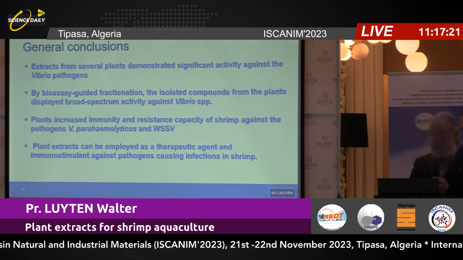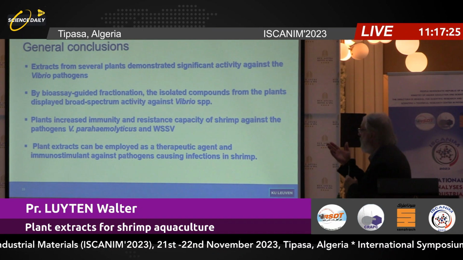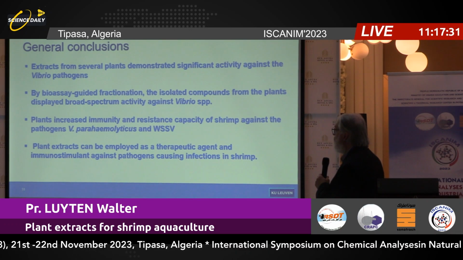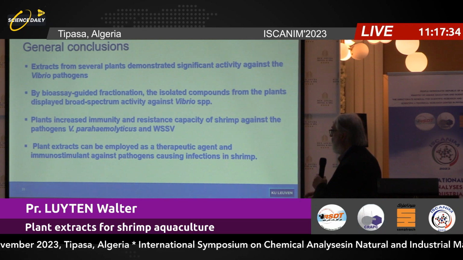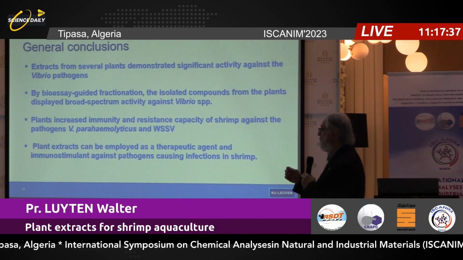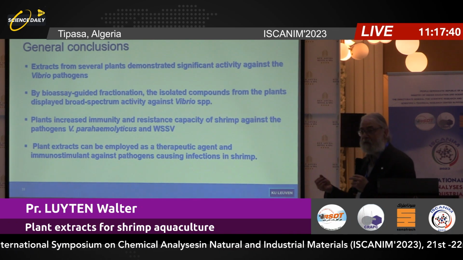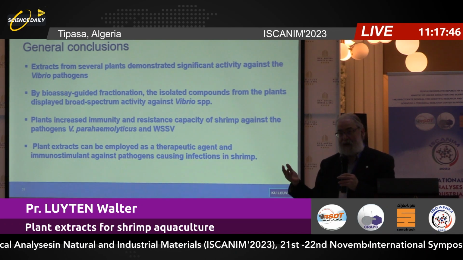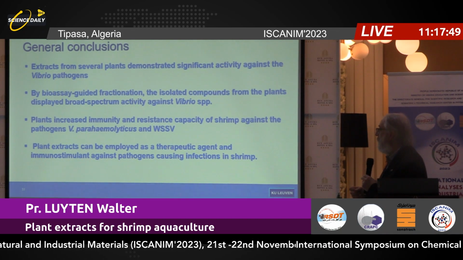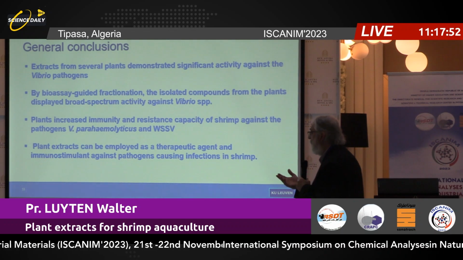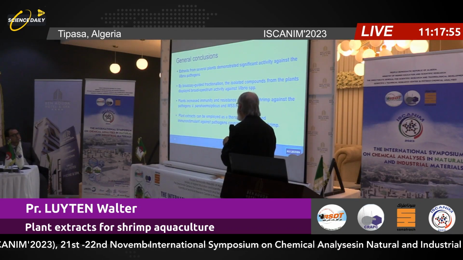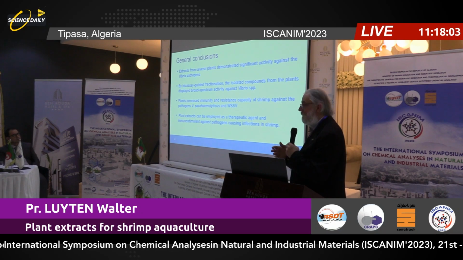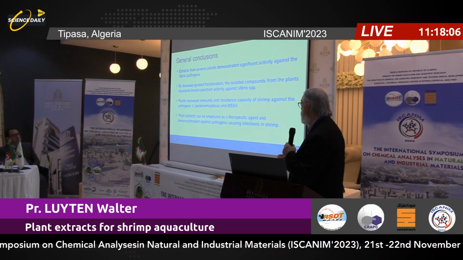So we can say, in conclusion, that several of the plant extracts demonstrated significant activity against a range of Vibrio pathogens, that we used bioassay-guided purification to isolate the compounds from these plants, that they display broad activity against Vibrio, but that they also have effects on the immune system and thereby increase in general the resistance capacity of these shrimp against various pathogens, not just bacterial but also viral ones.